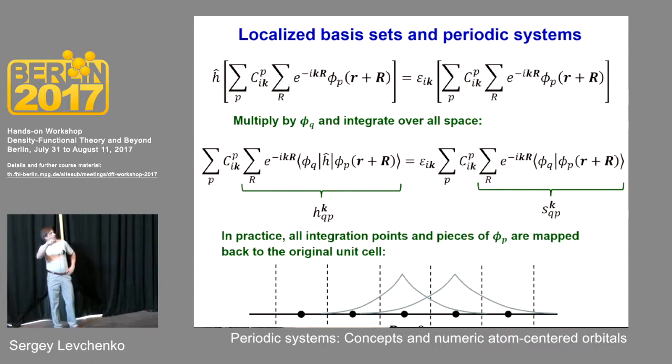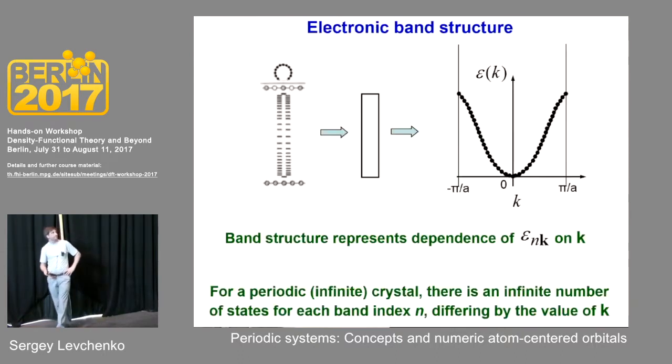In practice, for this we would have to consider the whole space and then find all basis functions that overlap with basis functions in the main unit cell, in the original unit cell. But what we actually do is fold both the integration points and the pieces of the functions that overlap with the first unit cell into this first unit cell, and then take these kinds of integrals.